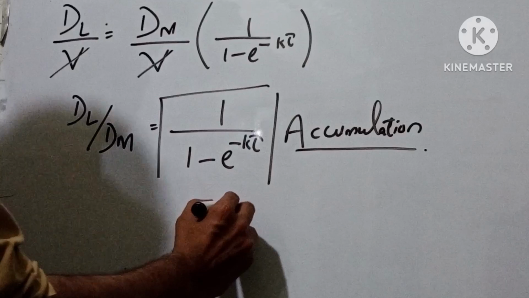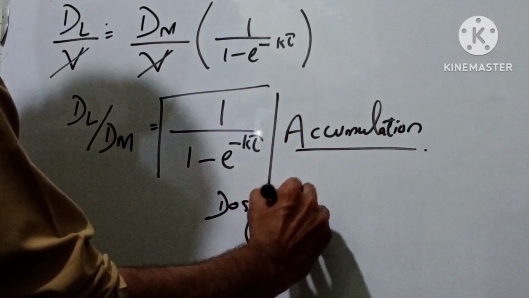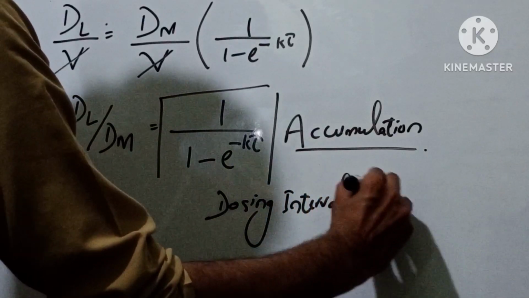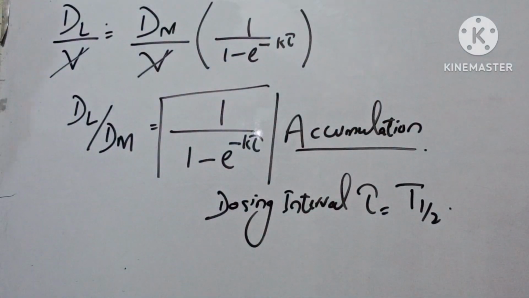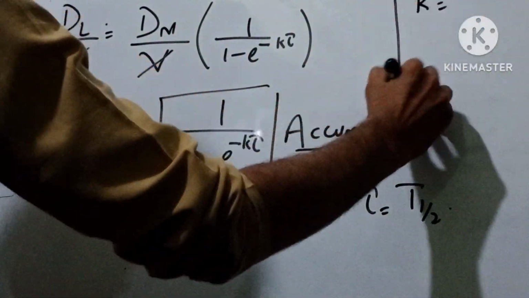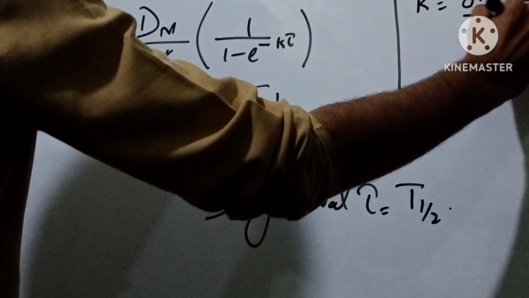Now, if we say that the dosing interval tau is equal to the half-life of the drug, tau is equal to t half, then what will happen to this equation? Actually K is equal to 0.693 over t half.